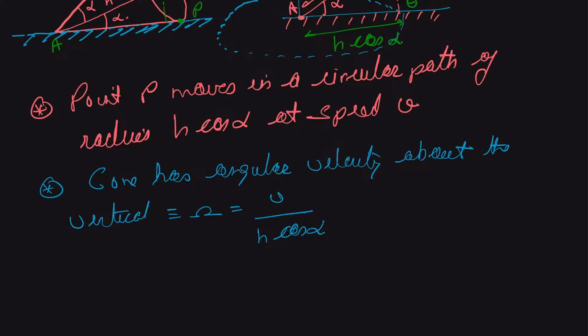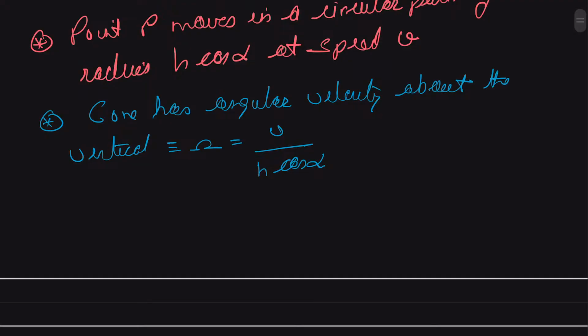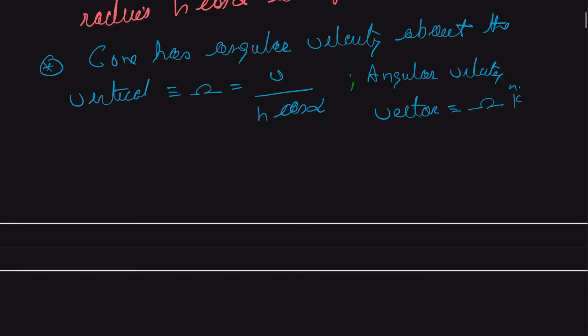And in terms of vector, we can write that we have an angular velocity vector, let us suppose it is the z-axis, therefore we can write this as omega k unit vector.